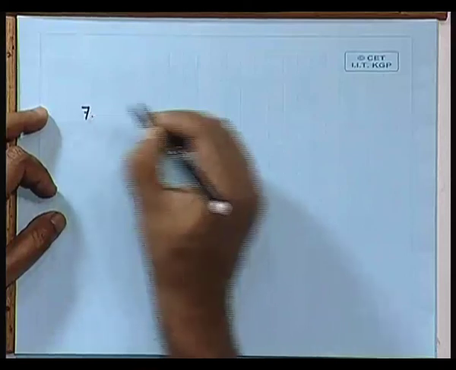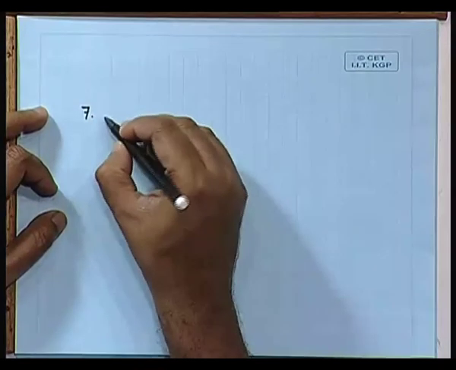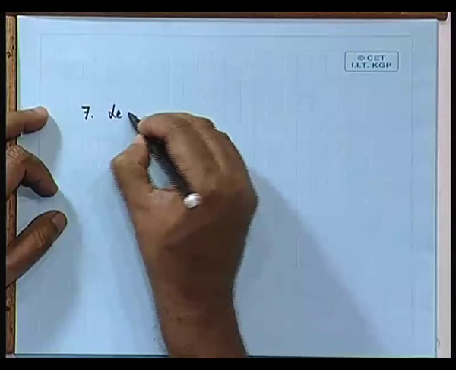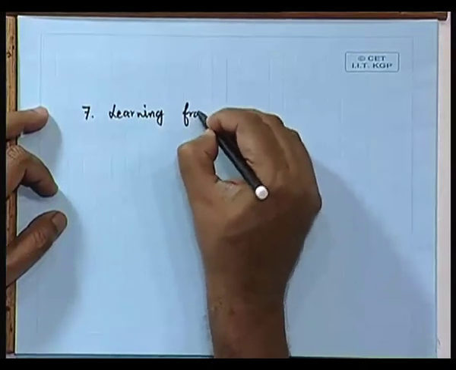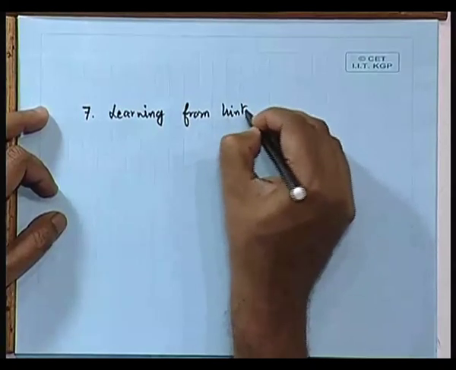We have listed up to 6 heuristics so far, and the 7th one that we need to talk about is learning from hints. What we mean by this is that when we are training a neural network, we are providing the information pertaining to the input output pairs.